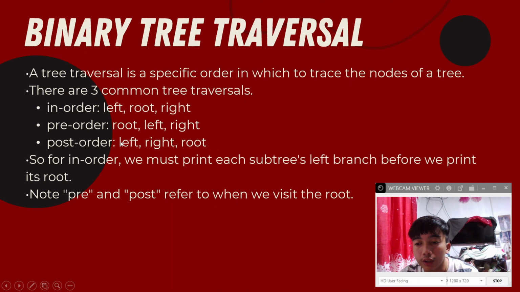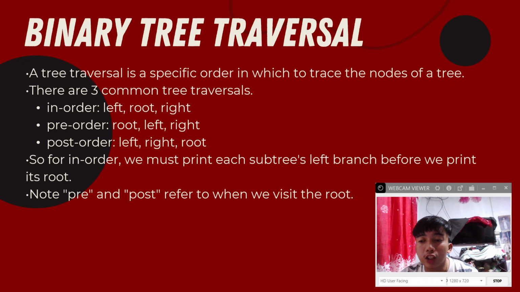In post-order, nodes are visited in the order of left subtree, right subtree, and then the root. For in-order, we must print each subtree's left branch before we print its root.